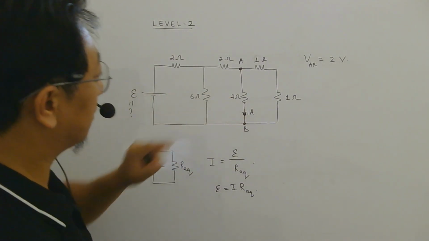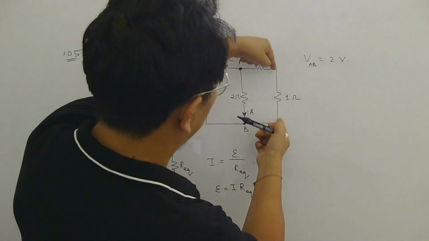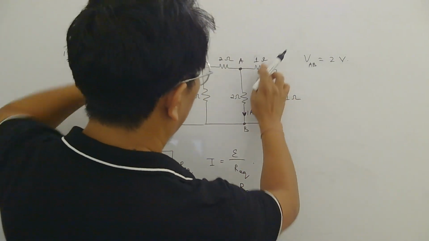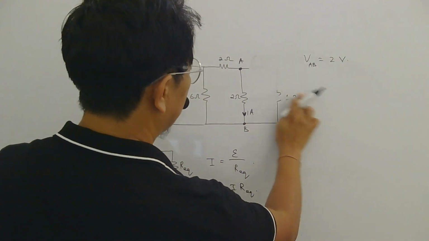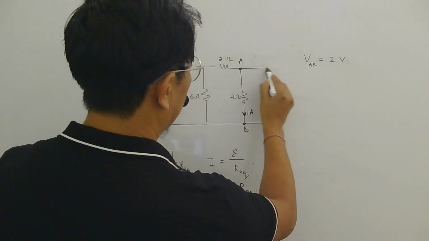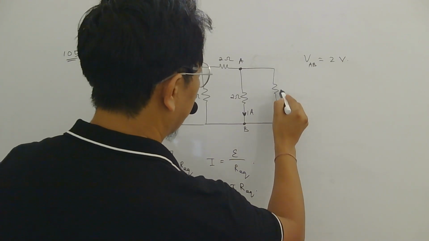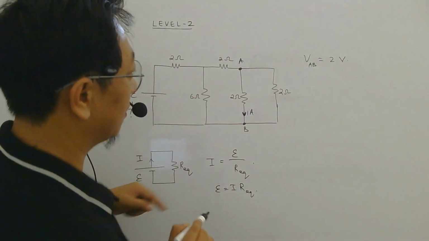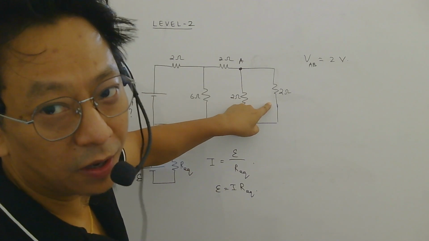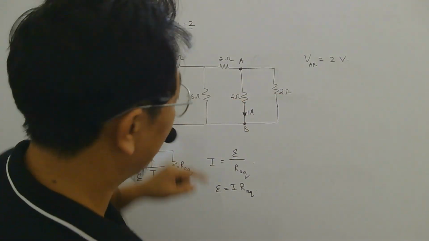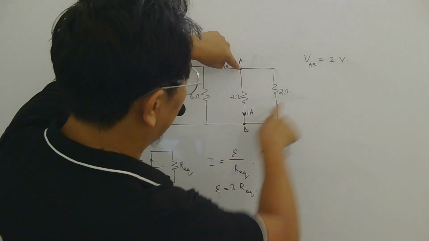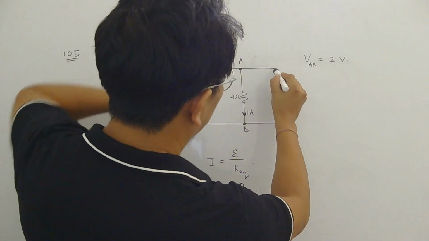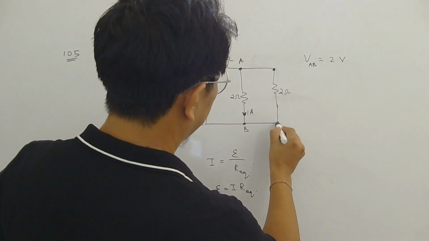I into R. Now same voltage will be here also, and I can replace these two resistors by a single resistor of resistance 2 ohm, because 1 ohm and 1 ohm are in series, so 2 ohm. Now voltage here is 2 volt, so voltage here is also 2 volt, right?